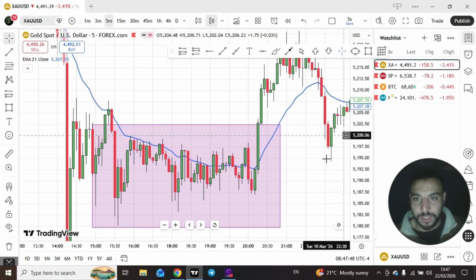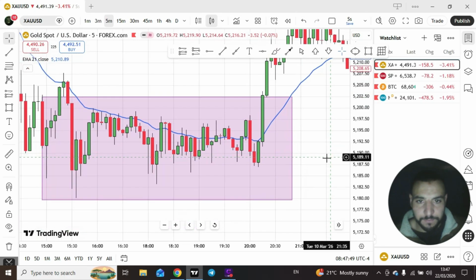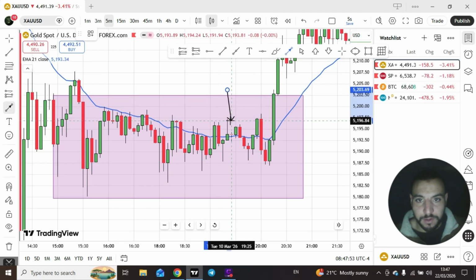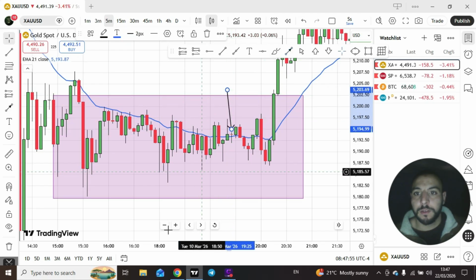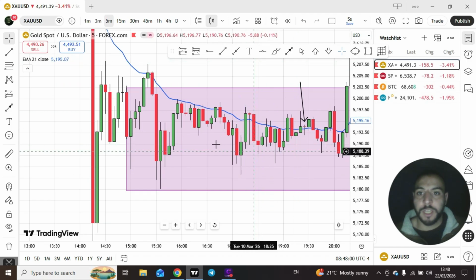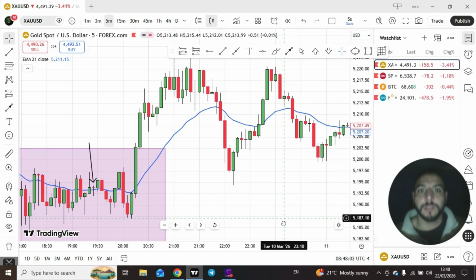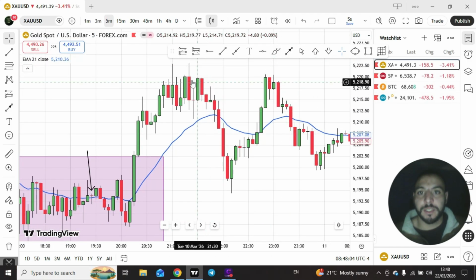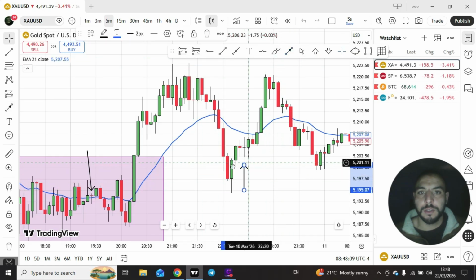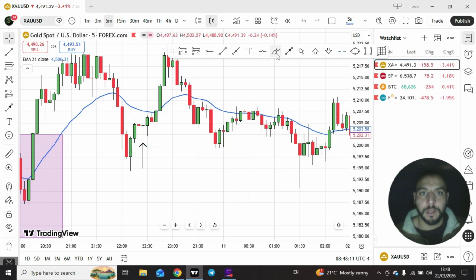We're gonna see some dojis. Here's one, here's a bar. We got some rejections, overlapping bars. Price is still going up, and then a rejection. We got another doji right here. Another doji.